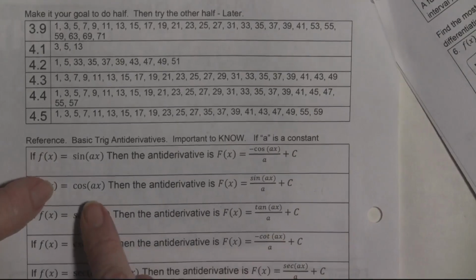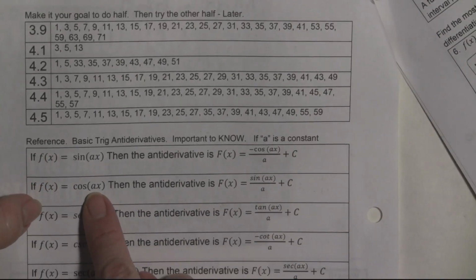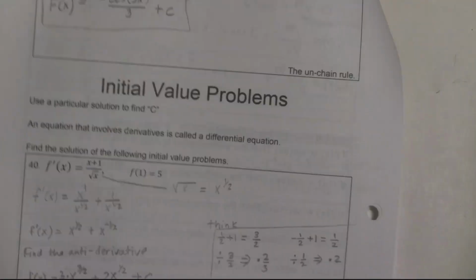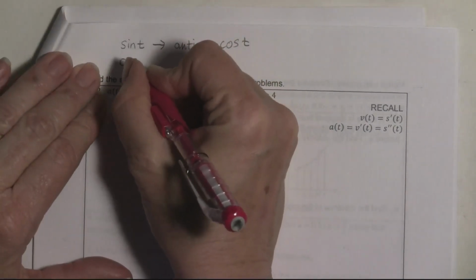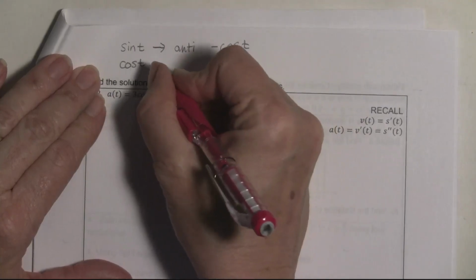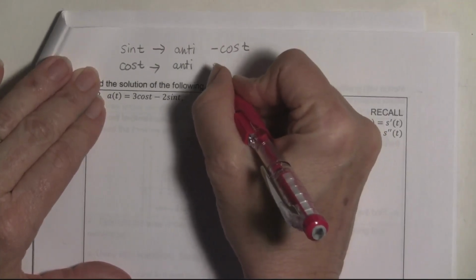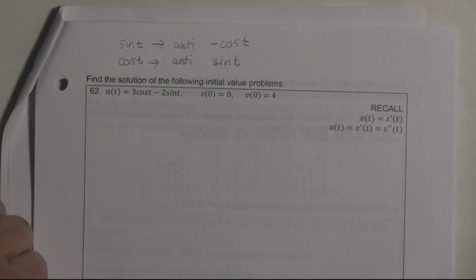And then the antiderivative, if you have cosine, my a is 1 as well on that one. So if you take the antiderivative of cosine, it's positive sine. So I'm going to write that up here. Cosine of t, if I found the antiderivative of it, would be sine of t, because the a would be 1, so divided by 1, and the coefficient would be 1.